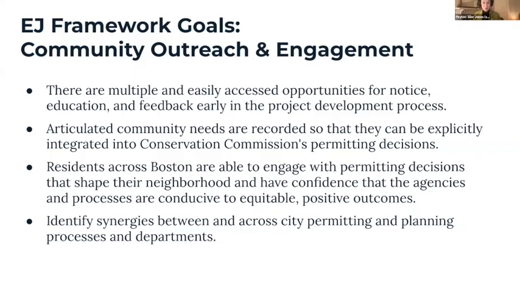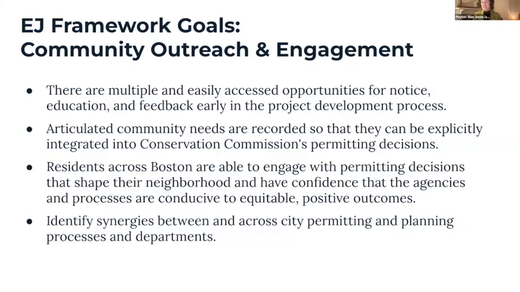So wanting there to be multiple and easily accessible opportunities for public notice about projects, education, feedback early in the process, ensuring that the community needs that are heard and that emerge through those opportunities are recorded and then explicitly responded to and integrated into permitting decisions so that folks know that their feedback really impacted the process and the outcomes. Allowing residents of Boston to really be engaged in permitting decisions that shape their neighborhood and having the confidence within the process to shape those outcomes.